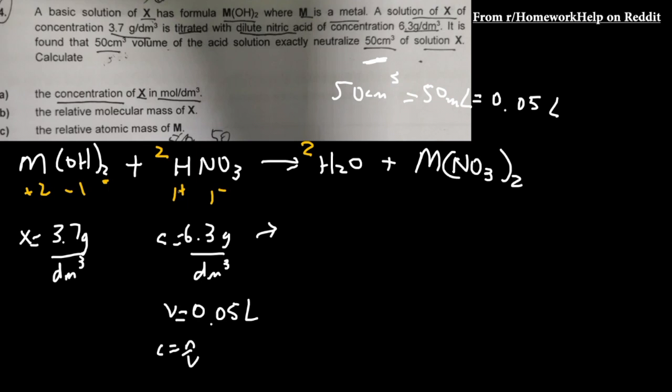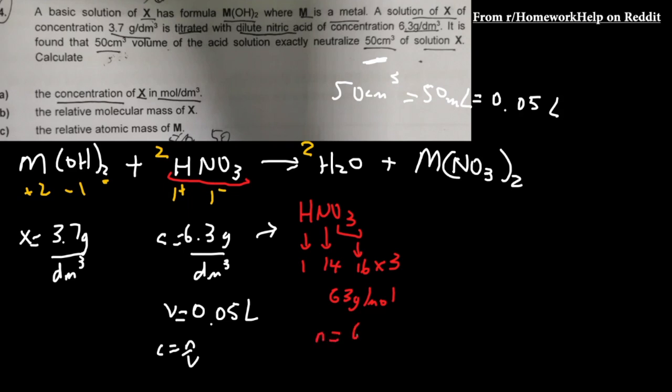So from HNO3, if you add all of this up, H usually has a molar mass of 1, N is 14, and the oxygen usually is 16 times 3. If we add this all together, so 1 plus 14 plus 16 times 3, you get approximately 63 grams per mole. So to solve for the moles, n equals 6.3 divided by 63.